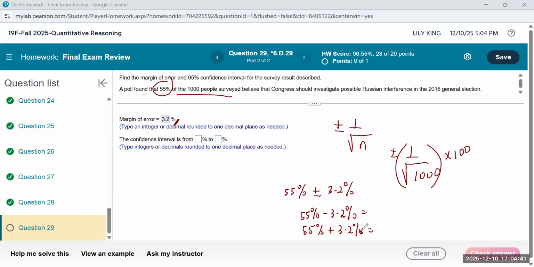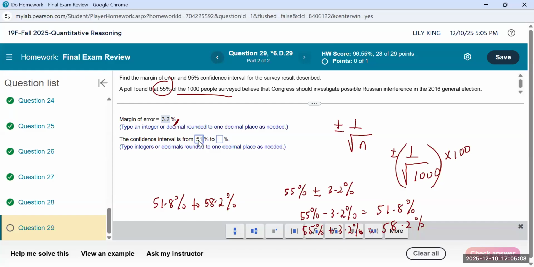Well, 55 minus 3.2 is 51.8%. And then 55 plus 3.2 is 58.2%. So you begin with the lower end, and then to the higher end. So the confidence interval is from 51.8 to 58.2.